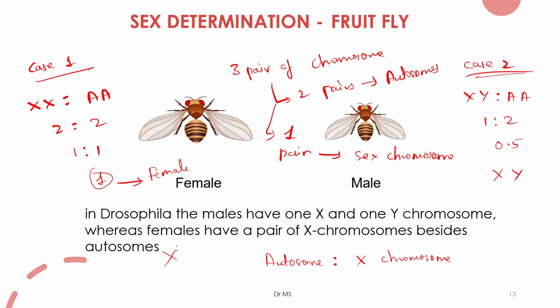Remember this. Write down: three pairs of chromosomes, two pairs contain the autosomes and one pair contains the sex chromosome. Depending on the number of X chromosomes present, the ratio varies. It could be 1 or it could be 0.5.